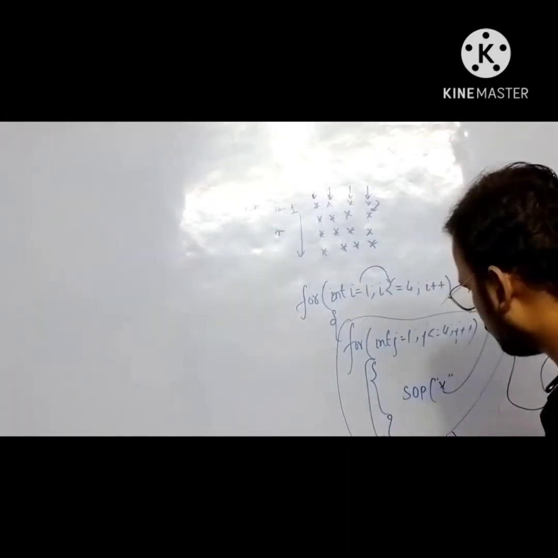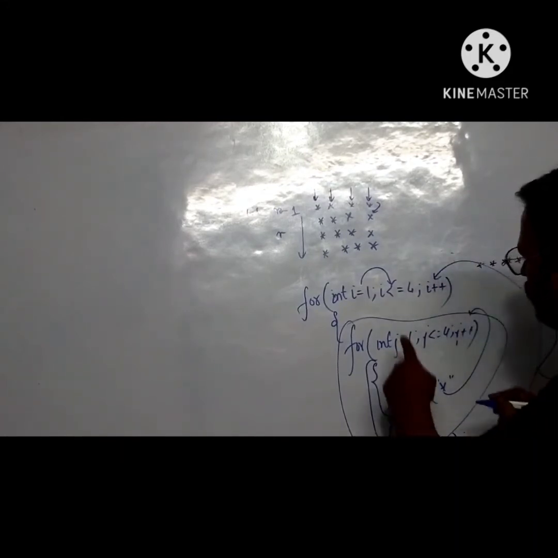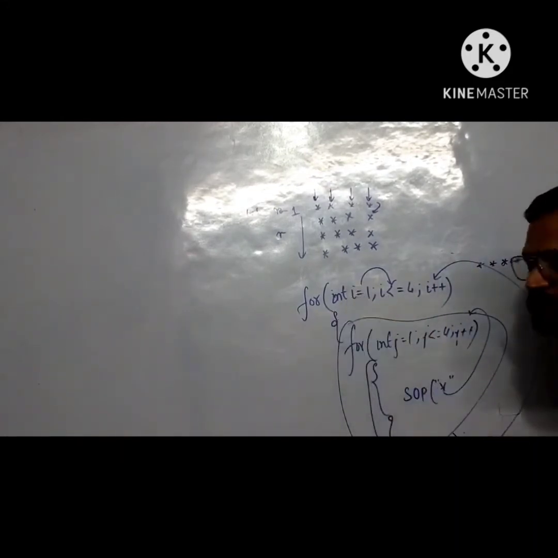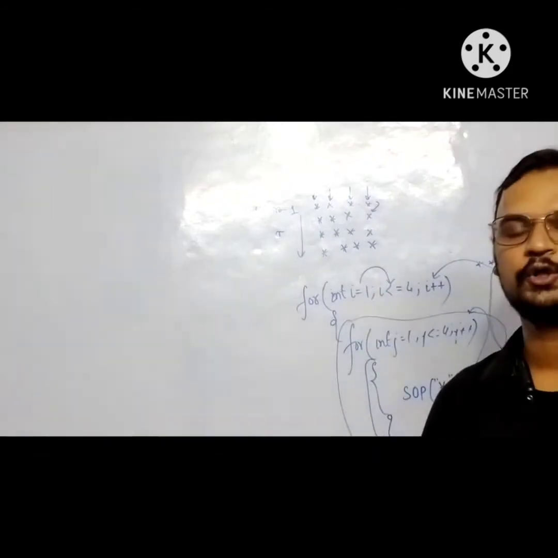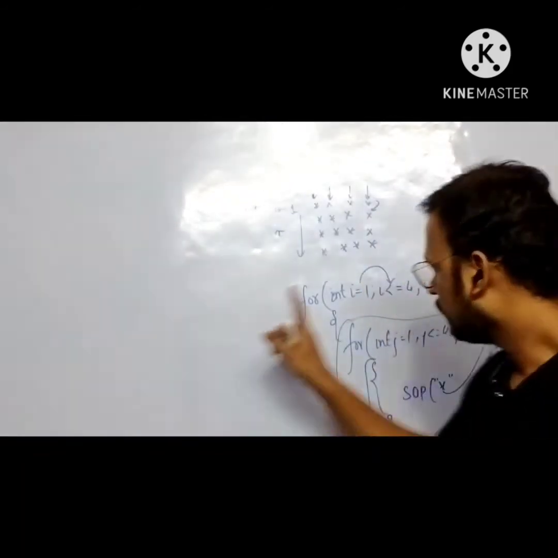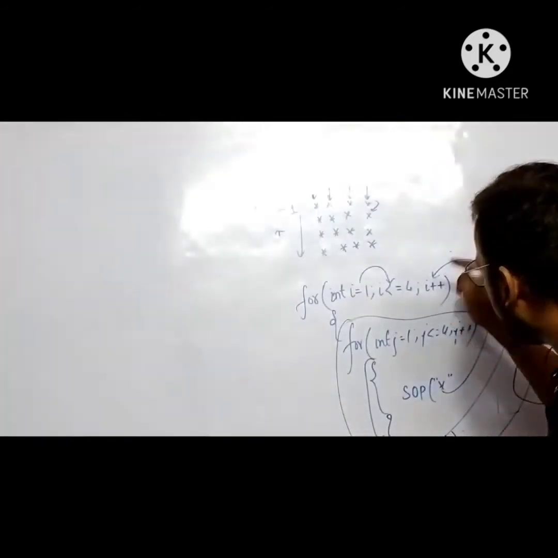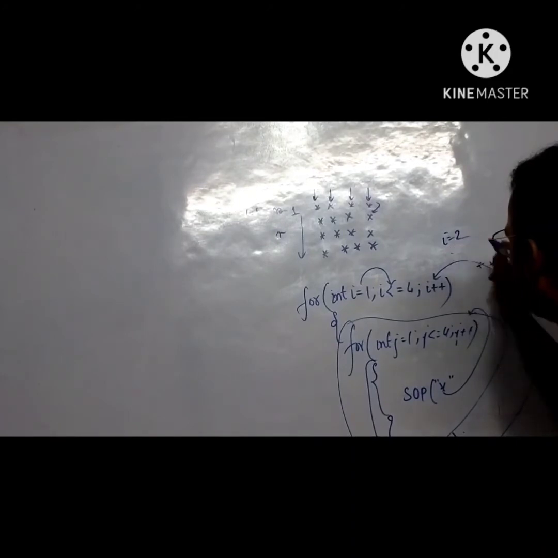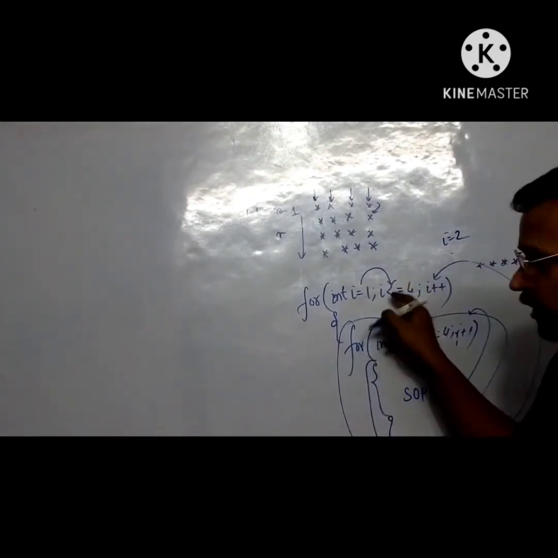System.out.println. And after changing the line, it comes back to the outer loop because it is still inside that body, and that loop is still true because i is 1 for now. Then i++, i is equal to 2, i less than or equal to 4, 2 is less than or equal to 4.